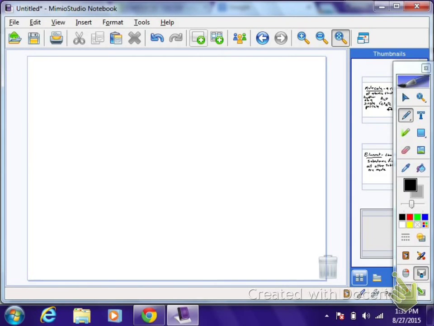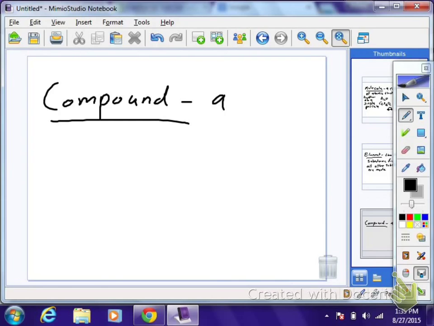And so, when we take a look at compound, it not necessarily has to be that way, okay? So compound is going to include molecules, some molecules, not all, okay? Because a compound has to be two different substances, or two different atoms.